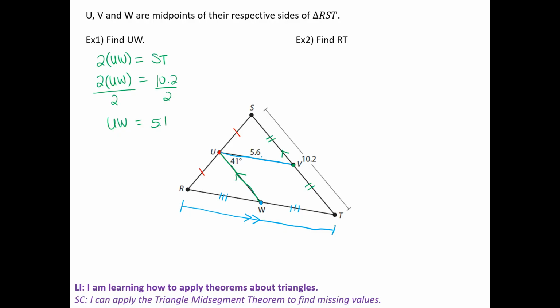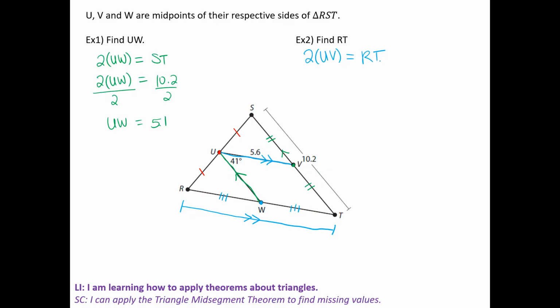So UV is the midsegment, it connects midpoints, and it is parallel to RT at the bottom. So I know those are parallel, but what I'm trying to do is figure out how far it is from R to T. So again, using that same idea, 2 times UV is going to equal the parallel side, which is RT.